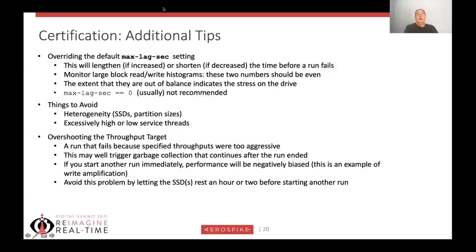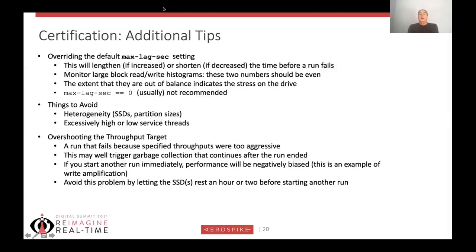If you increase it, you're letting the system tolerate more lag, and that's likely to push your histograms in a bad direction. If you decrease it, you're putting the run on a shorter leash, so you have less room to fall behind before you'll get aborted.